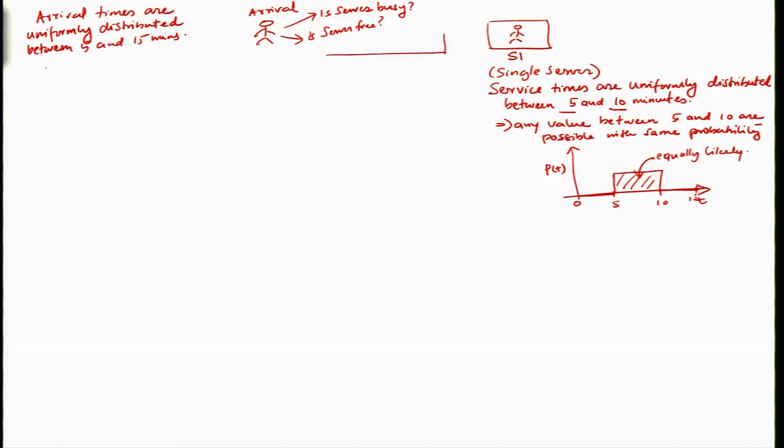So, if I draw the graph of this, arrival times will be something like this, 0, 5, 10, 15, 20, the time goes like this, and here you have the probability associated with it. So, up to 5 the probability is 0, and at 5 it goes up, and then it comes down like this up to 15, with all values here equally likely. Okay. This is called the PDF, probability density function, the PDF of the arrival and service time distributions.